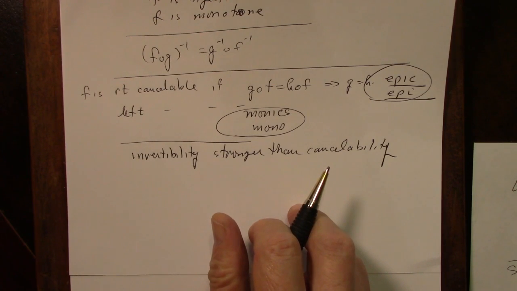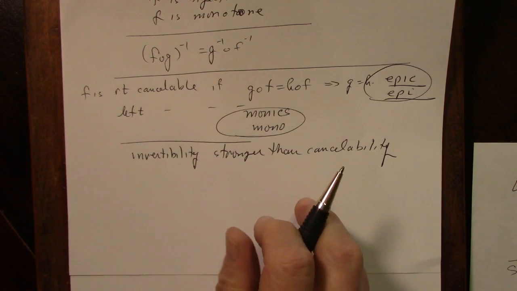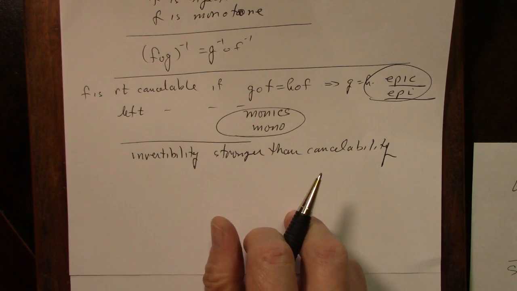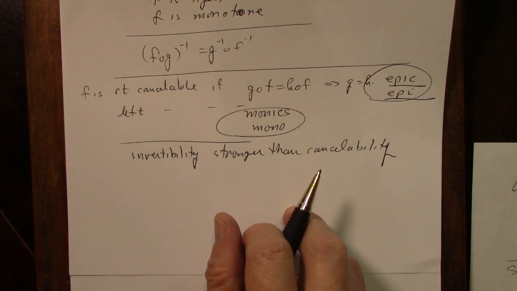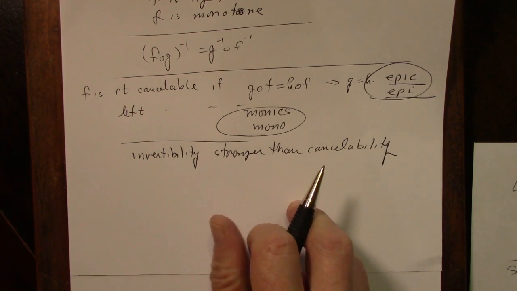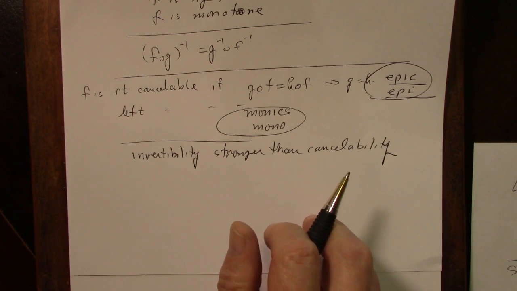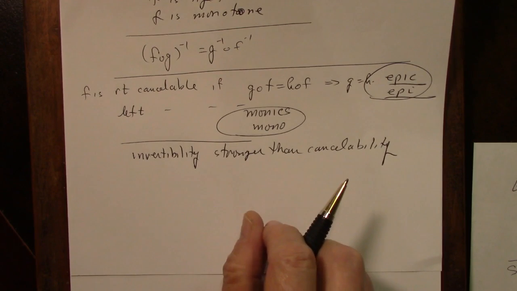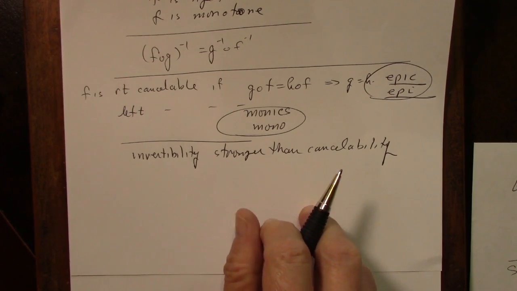It's true, however, that a morphism that's both left and right cancelable doesn't have to be invertible. And you can find an example of that in the categories we've already discussed. If you boost the stakes a little bit and you combine, say, left cancelable and right invertible, that's strong enough to give you an isomorphism.